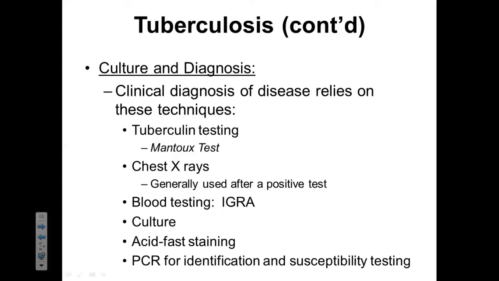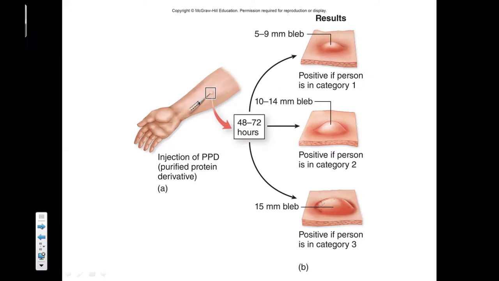We could also follow up with serological blood testing. We could do some culturing of the patient. We could do acid-fast staining from sputum samples of the lungs. Or we could do polymerase chain reaction to identify the specific genetic strain or serotype of Mycobacterium tuberculosis and identify any drug susceptibilities with a Kirby-Bauer assay.